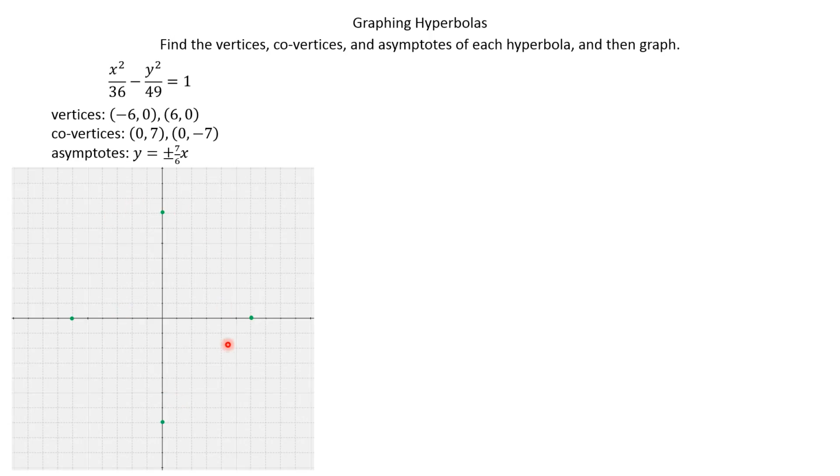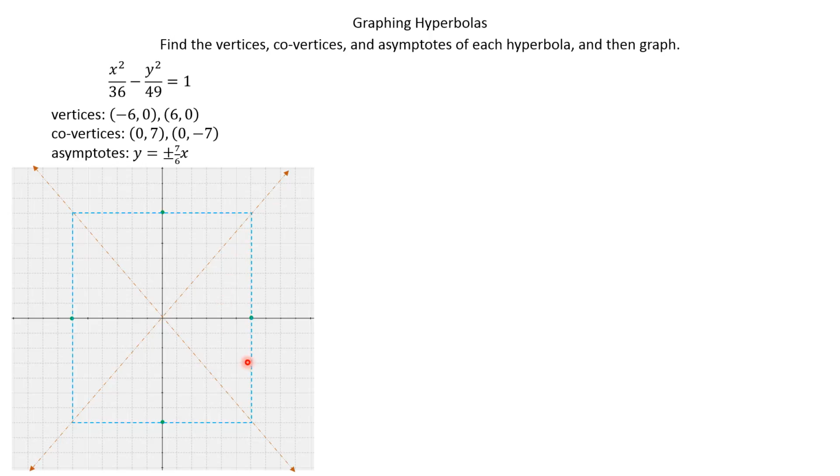Now, that's the exact same thing we do with ellipses, except with ellipses, we'd now connect them. With a hyperbola, we now draw the box. So we have our box, and we can make our asymptotes through the corners, and then graph it. It's horizontal, so it'll be here and here. It's going to hit the vertices.